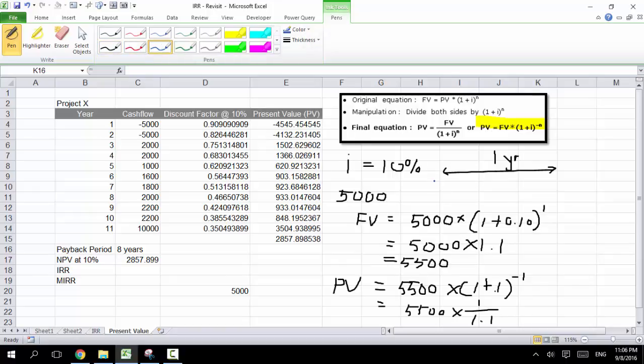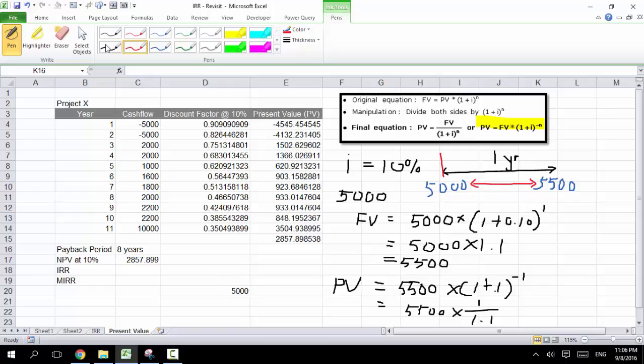Well, yes, because the 5,000 that you have now grows into 5,500. The reverse is the same. They have a relationship. If you receive 5,500 in 1 year, in today's term it's actually just equivalent to 5,000. So you can see that the difference is there.